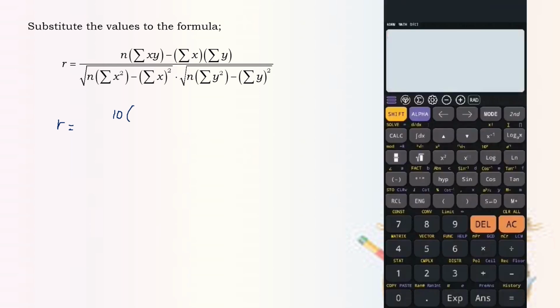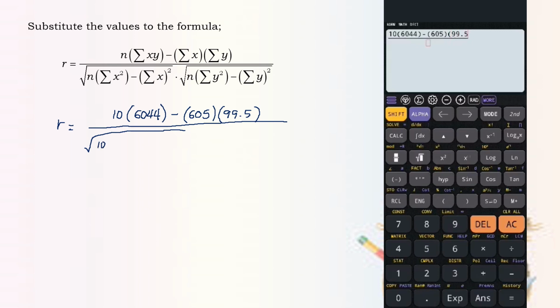Our summation of xy is 6,044 minus summation of x, which is 605, times summation of y, which is 99.5, all over the square root of 10 times summation of x squared, which is 36,721.